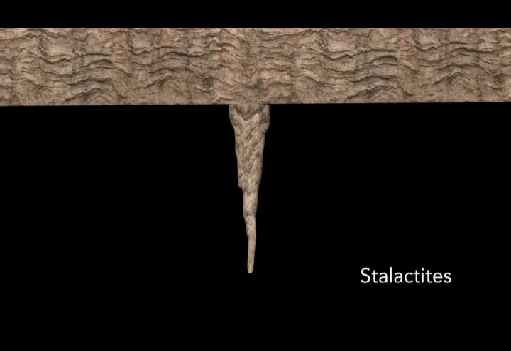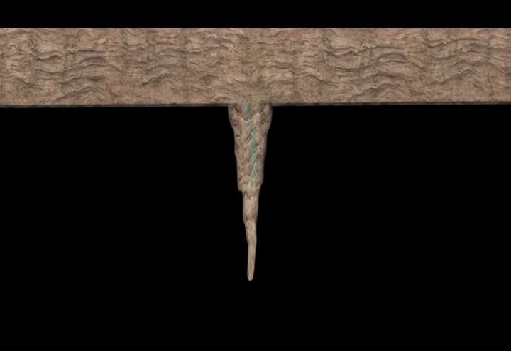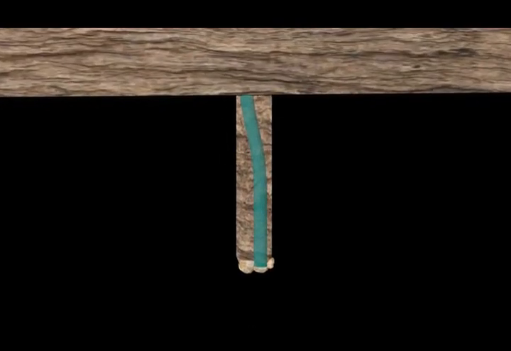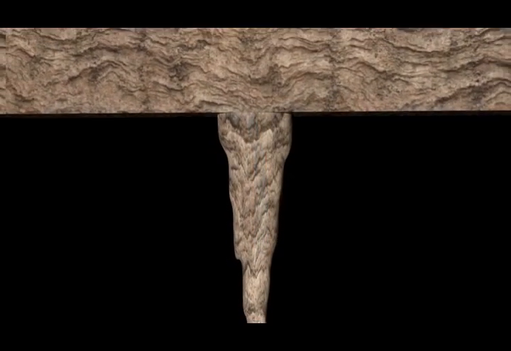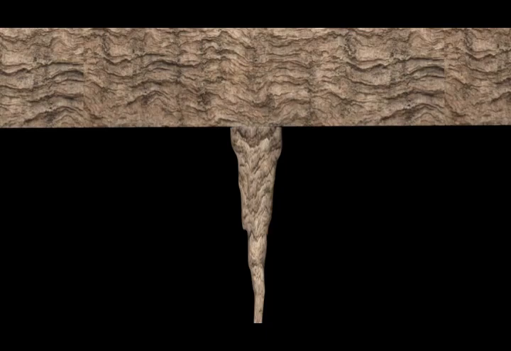Soda straws are thin-walled, hollow formations that resemble drinking straws. As water drips slowly from the roof of the cave, it deposits a microscopic ring of calcite crystal. Stalactites hang from the cave roof. Nearly all stalactites start their life as a straw. When the straw becomes blocked with calcite or impurities, the stalactite starts to develop and thicken over the years from the solution which runs down its outer surface.